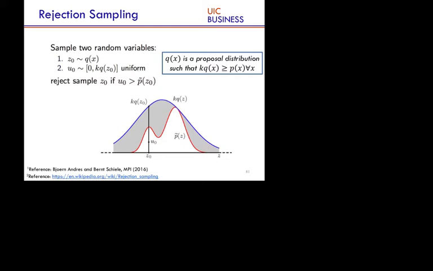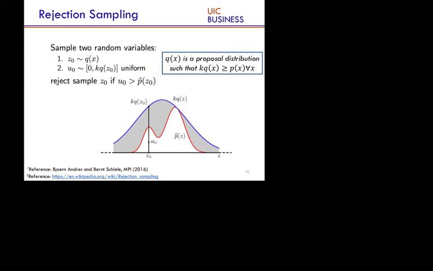It's going to be a number between 0 and k, because q of z is a probability density function. So we're going to draw a uniform random variable, a realization of that between 0 and k times q of z naught.